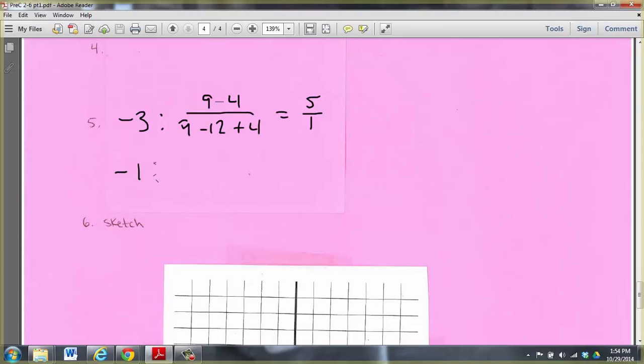If I plug -1 in, I'm going to have 1 minus 4 in the numerator, 1 minus 4 plus 4 in the denominator, which is going to give me -3 over 1. Okay, so 5 and, sorry, 5 and -3.